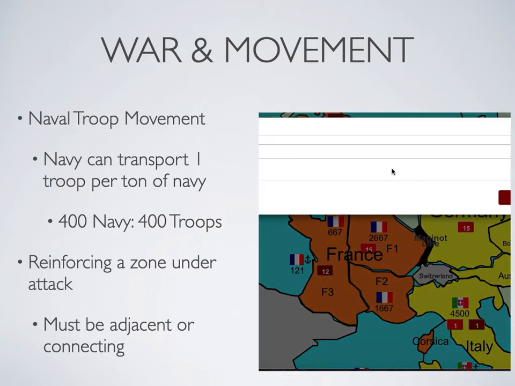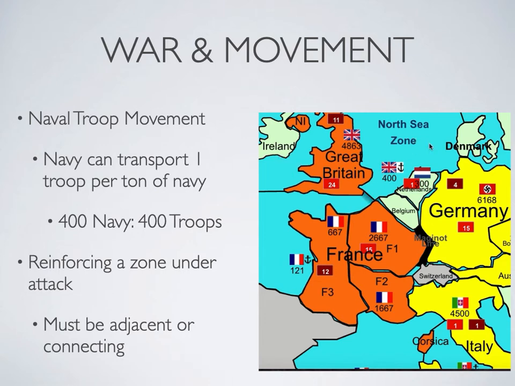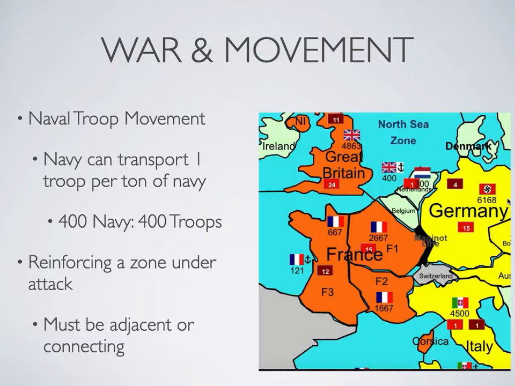So we're going to move 160 Navy into that North Sea zone, and then we're going to transport 400 troops, because we've got 400 Navy, into Germany. And so now we've got 400 British troops up against 6,168 German troops. And so we've made our movement for the battle.